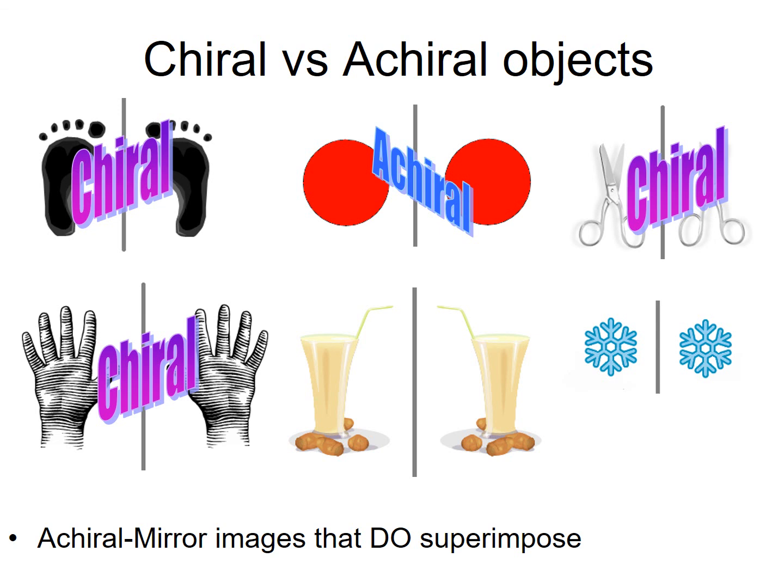Now, if I had a shake in a glass here, I would say the shake in the glass is... Let me jump ahead to the snowflakes over there. The snowflakes, of course, are achiral because the mirror image is superimposable.